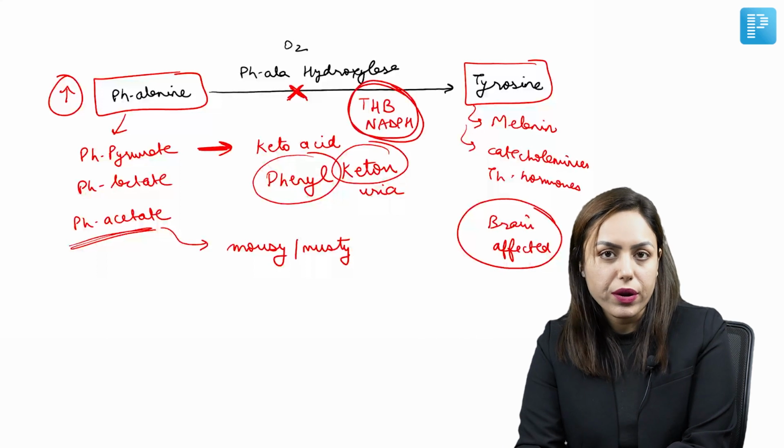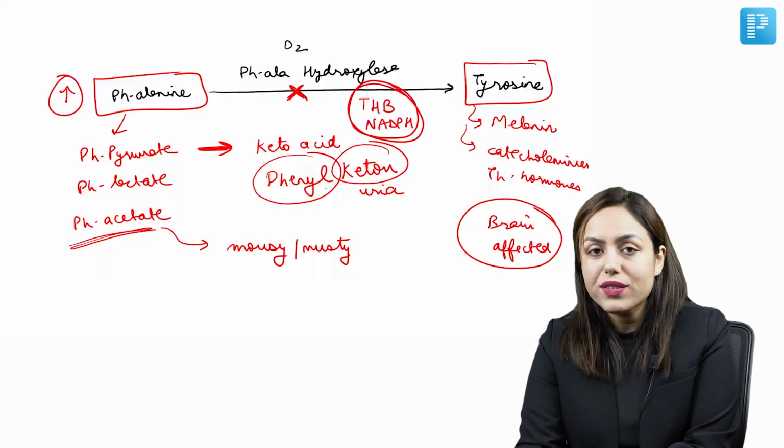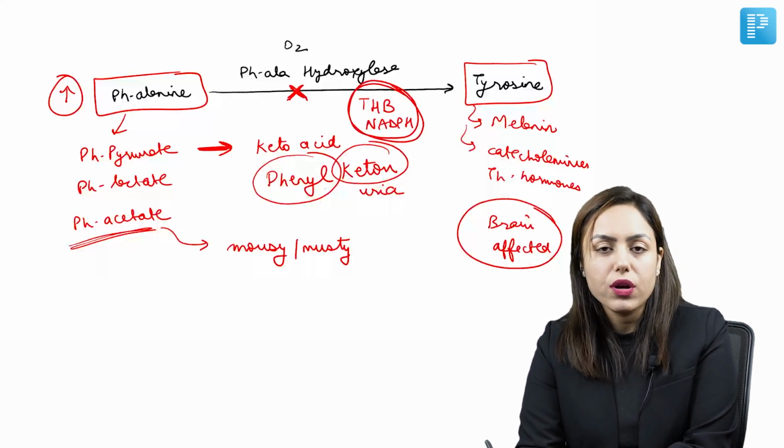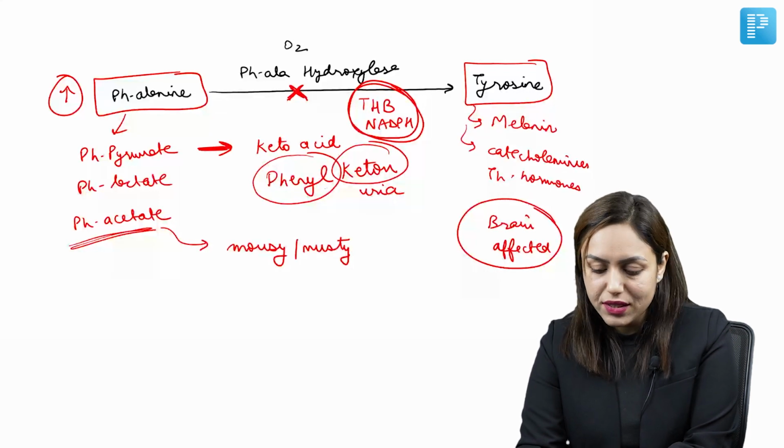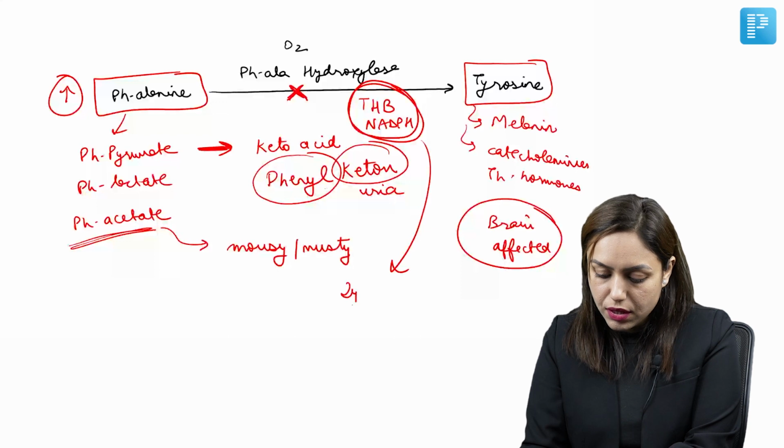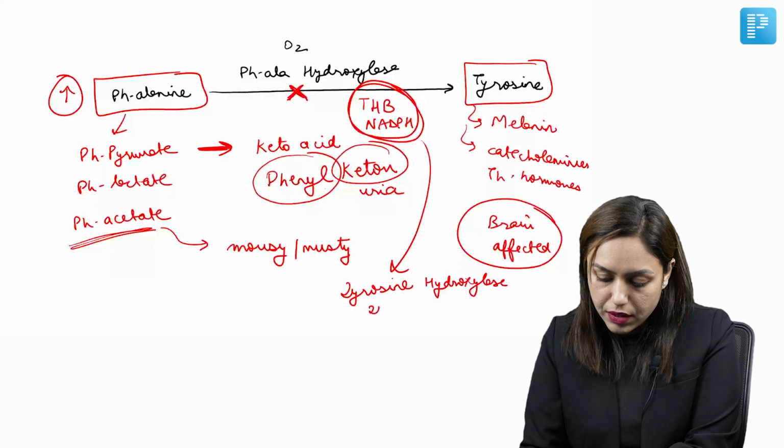coenzymes are required. And these two coenzymes are also required for the other two aromatic amino acid hydroxylases, that is tyrosine hydroxylase and tryptophan hydroxylase.